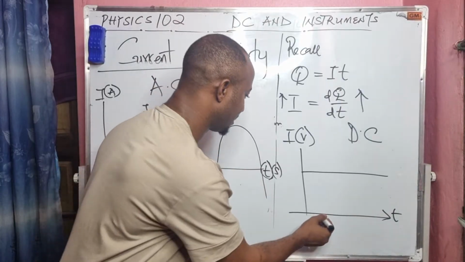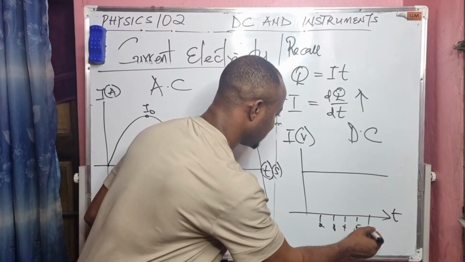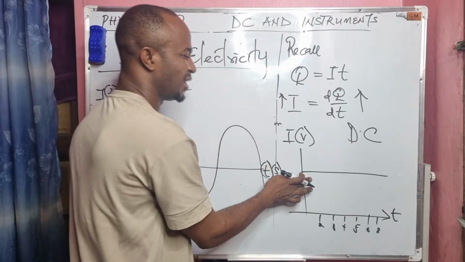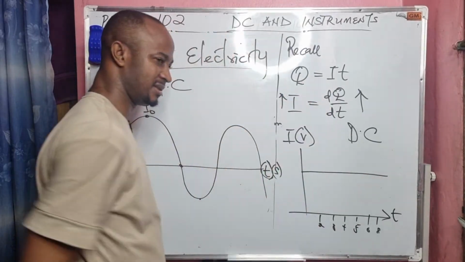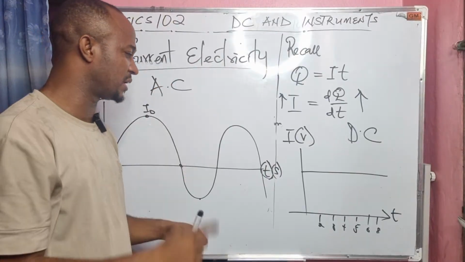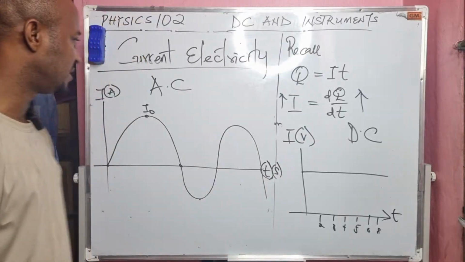If my time increases by 2, 3, 4, 5, 6, 8, as the time is increasing, the current remains the same. So we call that a steady and direct current. It is steady and it is direct. So this is a graph of a DC.